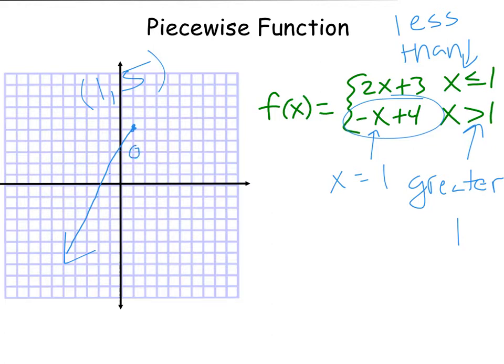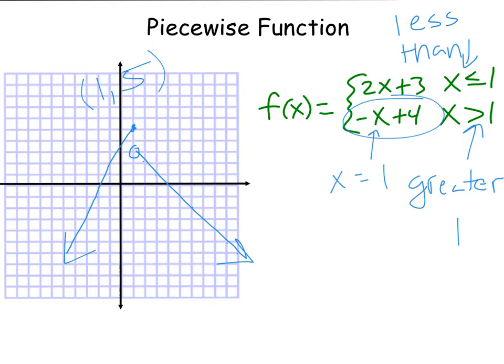That's where I'm going to start, but when x is 1, still go off of (1, 5). As soon as I get past it, like these points here, now I use the slope of -1, and I'm going to use this particular model. And it can go as far as it wants past x equals 1, and that can keep going on forever.